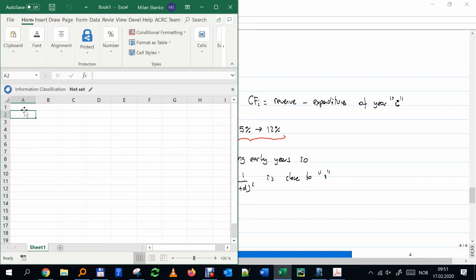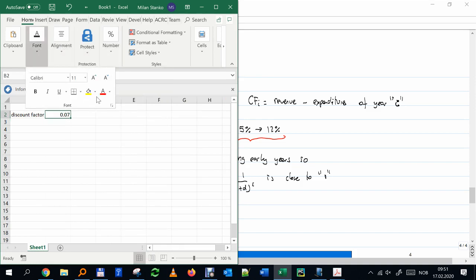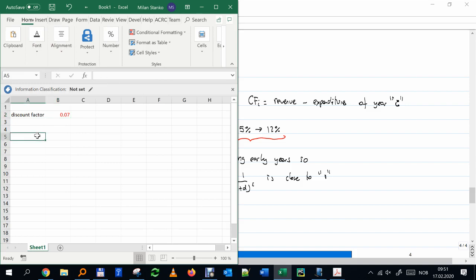So this discount factor, and remember this has to be expressed on a yearly basis. Okay, we are making our calculations on a year basis. This will be 0.7. Okay, and here we have the year. Usually we start year.